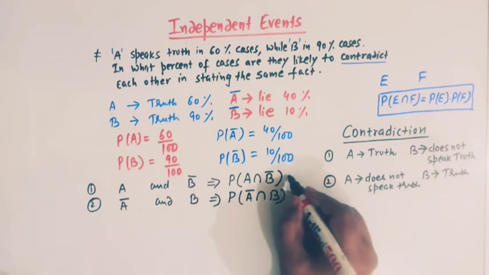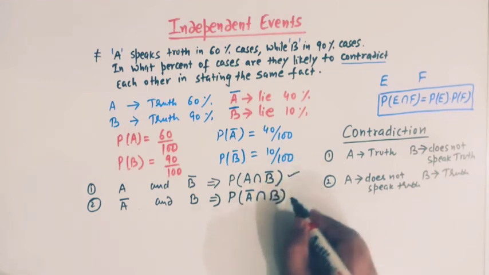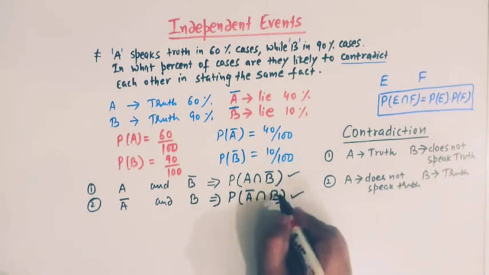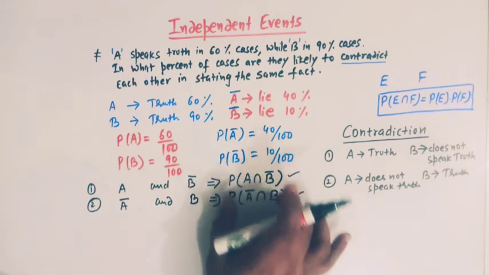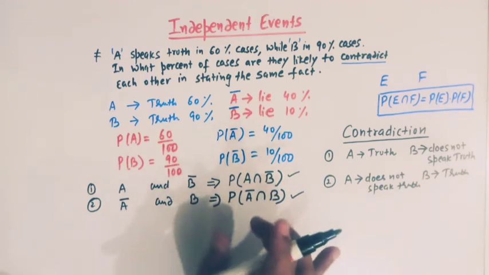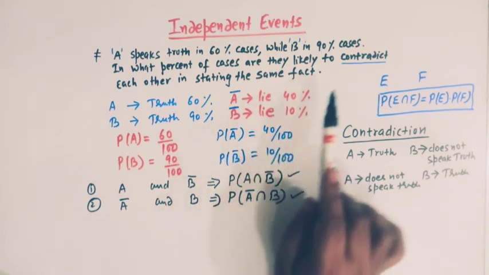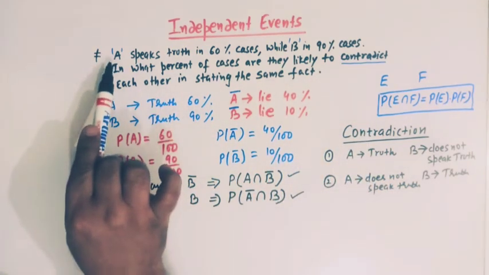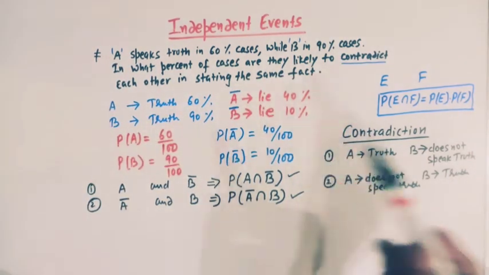We have to find these two probabilities and add them to get the probability of A and B contradicting each other.